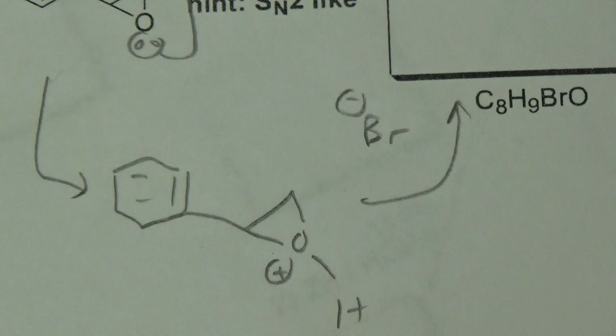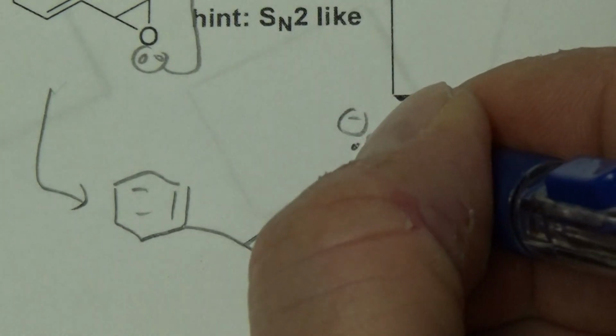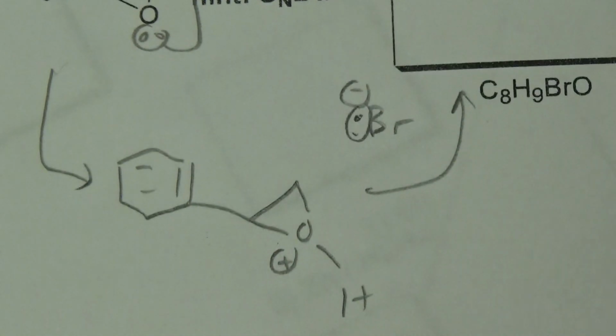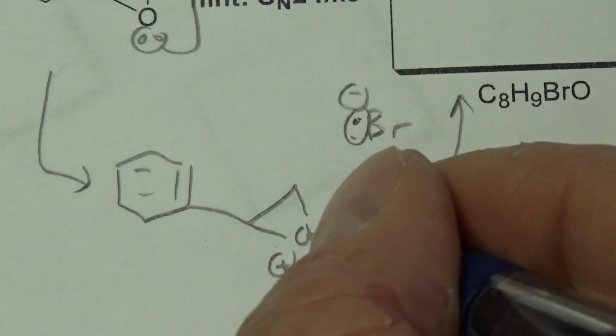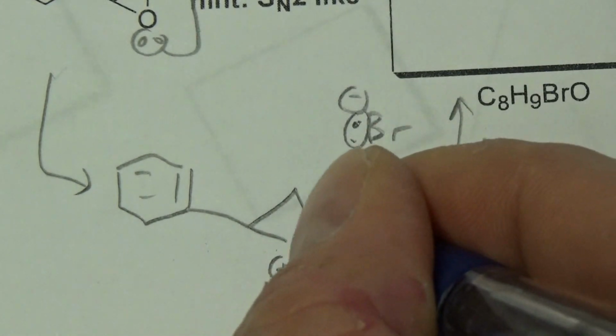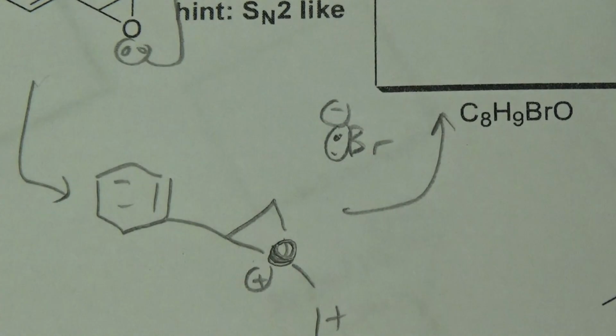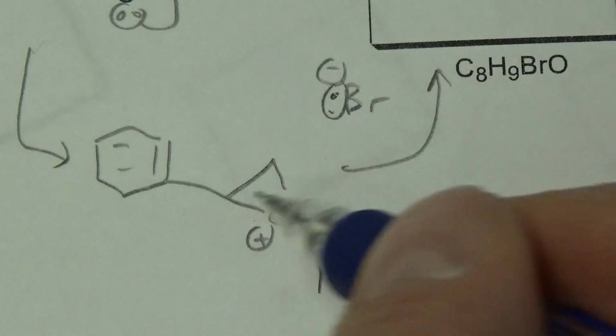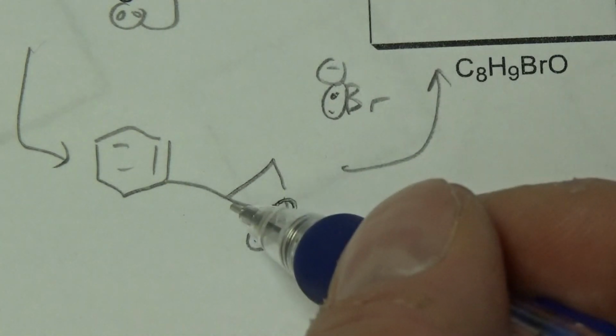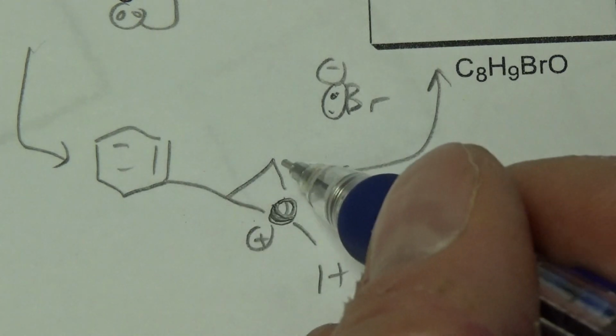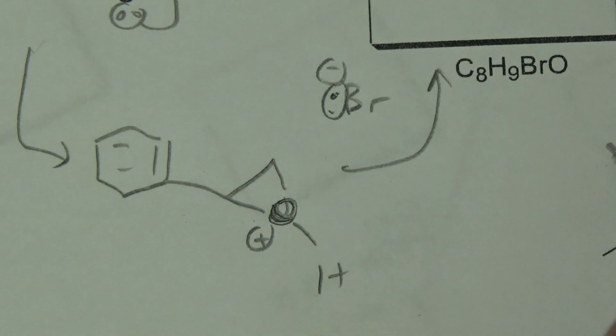And now Br minus, we have a protonated epoxide. Sn2-like, because there's no tertiary center to this epoxide, is going to attack the right carbon, which is more hindered, or the left carbon that's more hindered, or the right carbon that's less hindered. It's going to attack the less hindered one on the right.